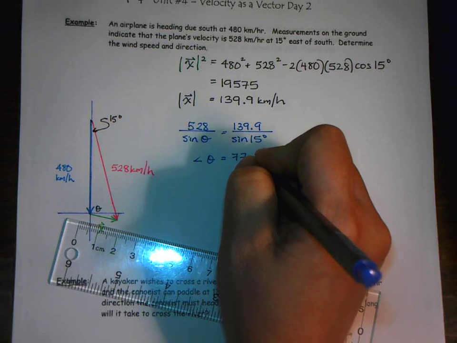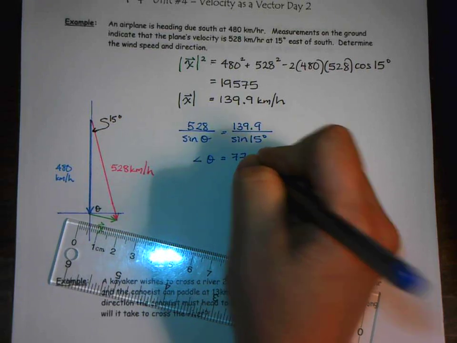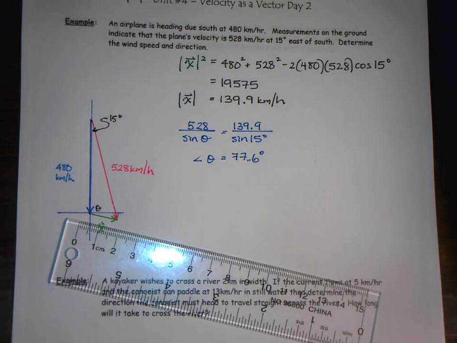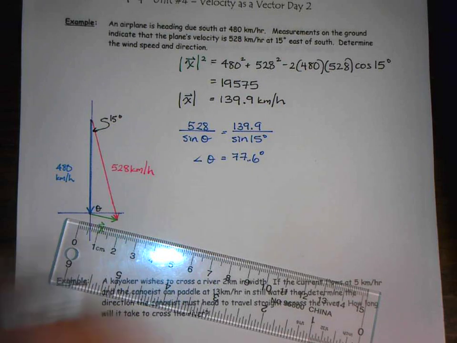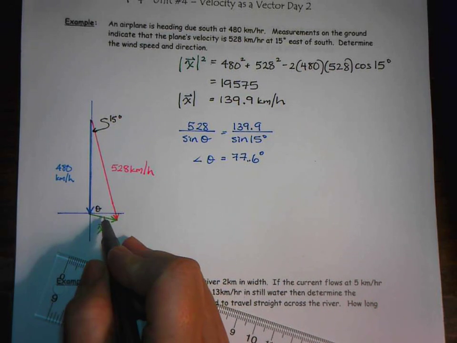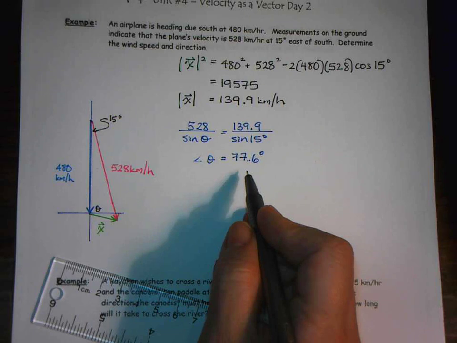Okay, so when we take a look at this, you have a problem, and the problem is angle theta is clearly an obtuse angle. It's greater than 90 degrees. According to our calculations, it's only 77.6 degrees. So you would only notice this problem if you had drawn it to scale. What's actually happening is your sine ambiguous case.